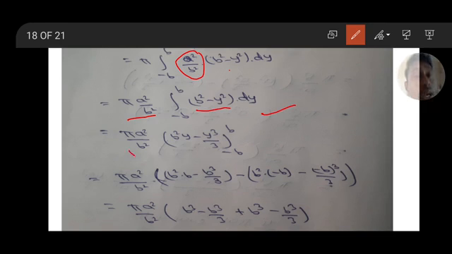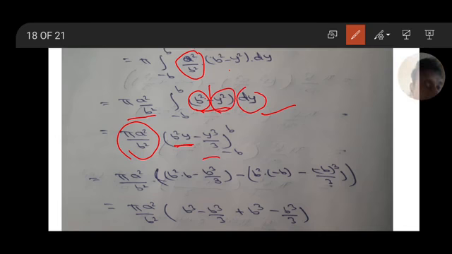So pi into a square by b square is constant, and b square is the coefficient outside. Integration of 1 with respect to y is y, so b square y, and integration of y square is y cube by 3. So substitute the limits, upper limit minus lower limit: pi into a square by b square into b square into b minus b cube by 3, and lower limit minus, b square into minus b minus of minus b whole cube by 3.